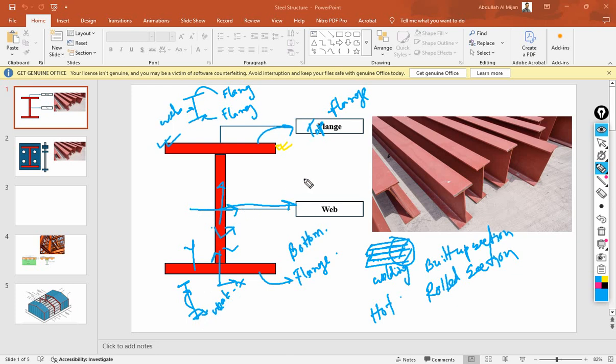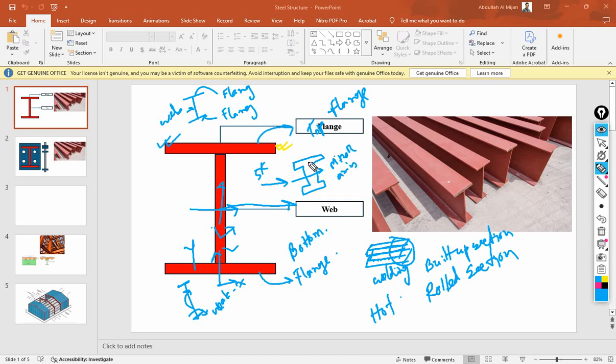Generally, where the intensity of load is higher compared to the section, like if we have a lateral load of 5 kN, we can place a section like this. So this force is acting towards its weak axis, that is the minor axis.